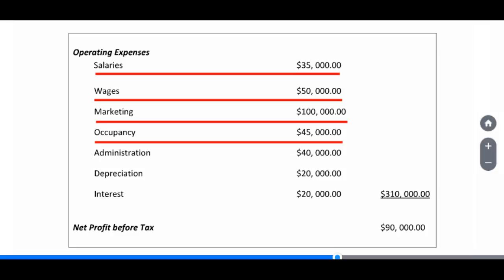Occupancy, which include rental costs or principal in the event of a business property being purchased by loan. The principal portion of a loan repayment relates directly to ownership of the property, with the interest portion of a loan repayment relating directly to the cost in servicing the loan. Administration, which can include stationery, phone costs, accounting and legal expenses.